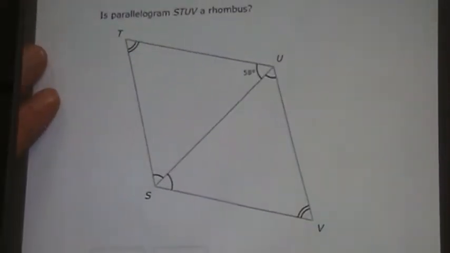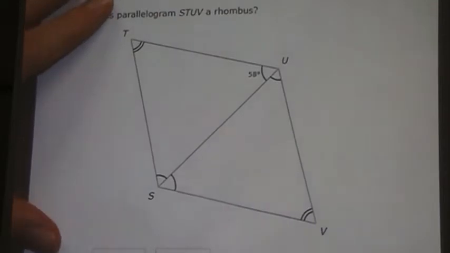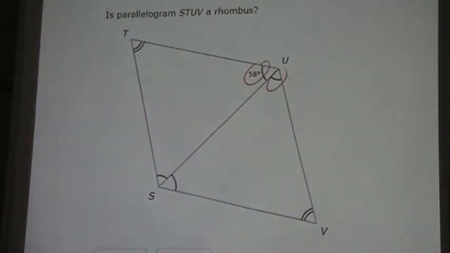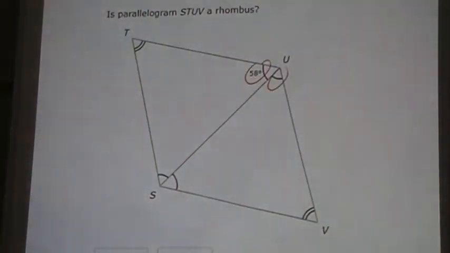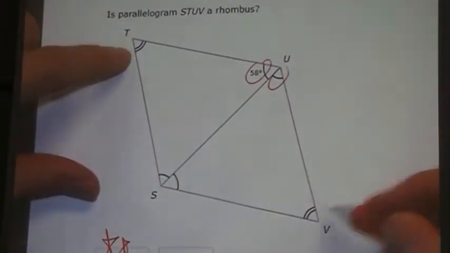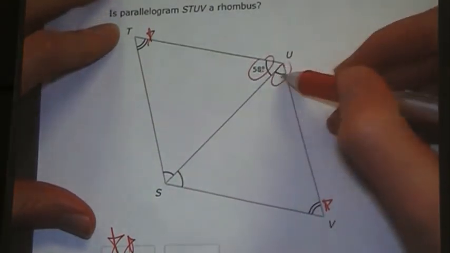This guy right here, is this a rhombus? We have a diagonal bisecting the angles. Now you might think, well, Mr. Mikeson, we're not given enough information. This actually does give us enough information. So this is actually a yes, because we know these guys are equal, and we know that one diagonal bisects these angles.